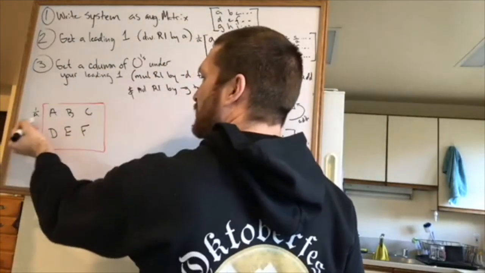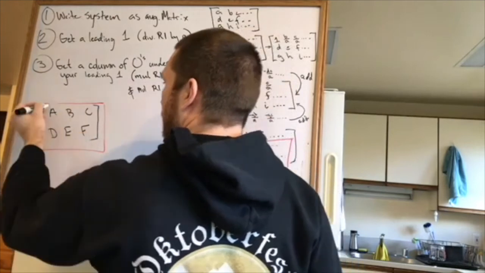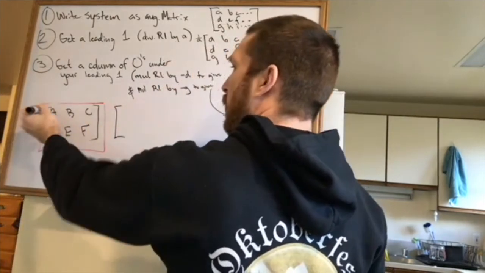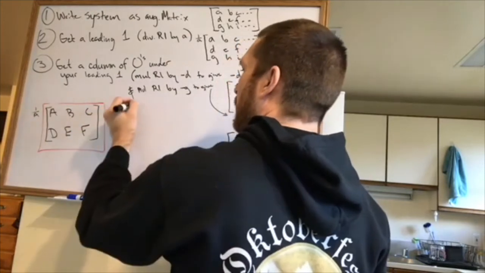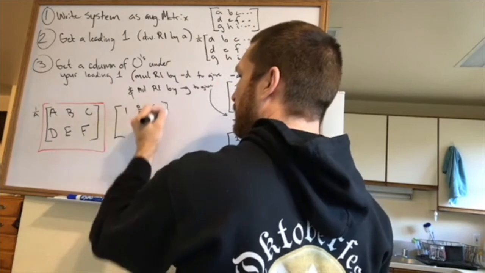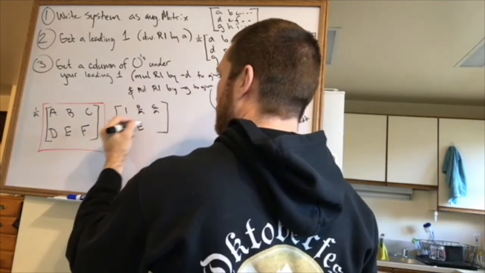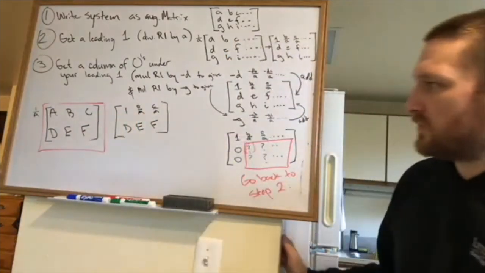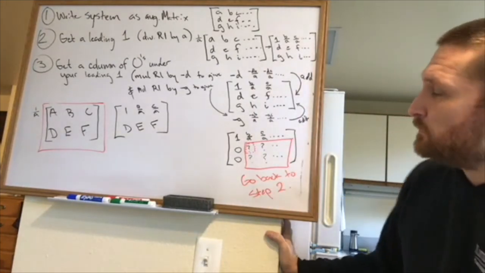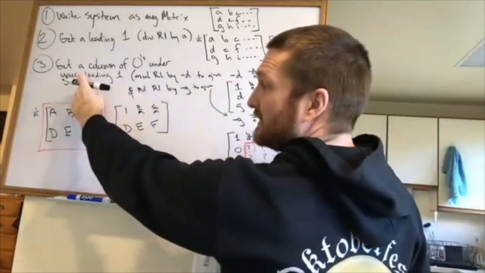And when I do that, that's going to give me a 1, B over A, C over A. We have D, F, and so on and so forth. And then we're just going to continue on. So then it's back to step 3.